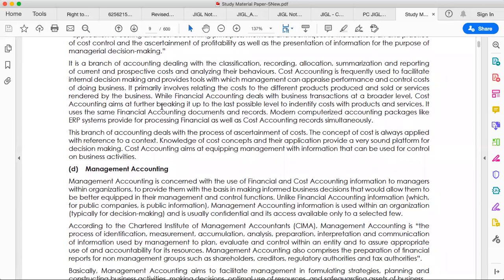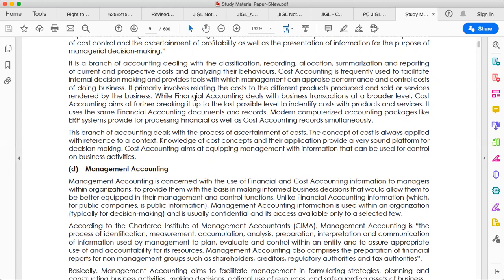Okay, so it primarily involves relating the cost to the different products produced and sold or services rendered by the service businesses, while financial accounting deals with the business transactions at a broader level. Cost accounting aims at further breaking it up to the last possible level to identify cost with products and services. What is the main difference in cost accounting and financial accounting?